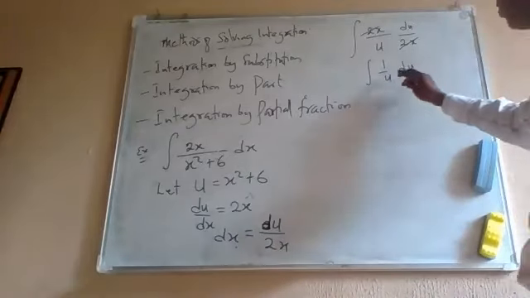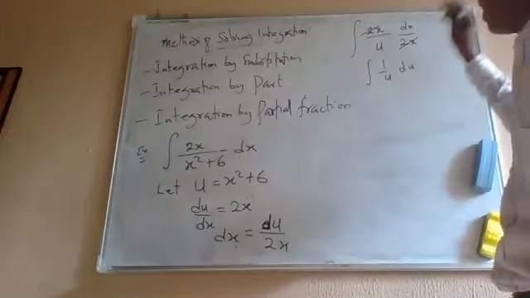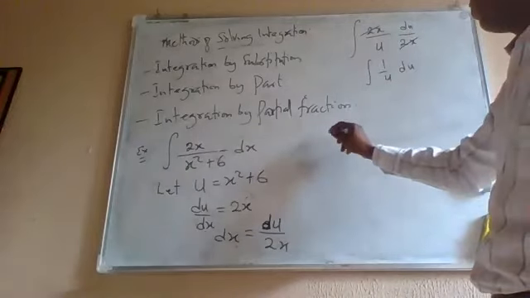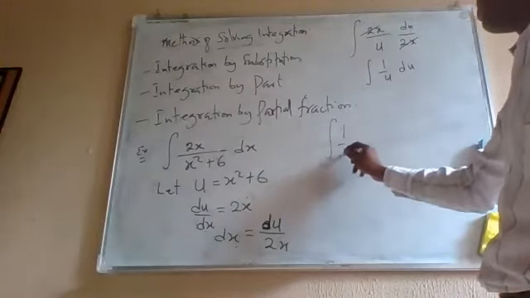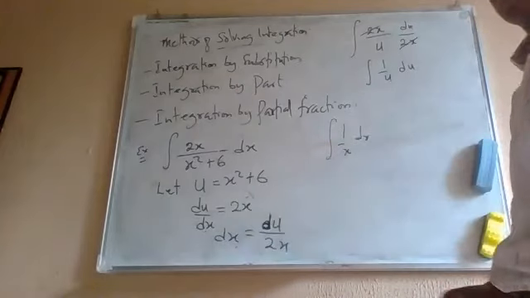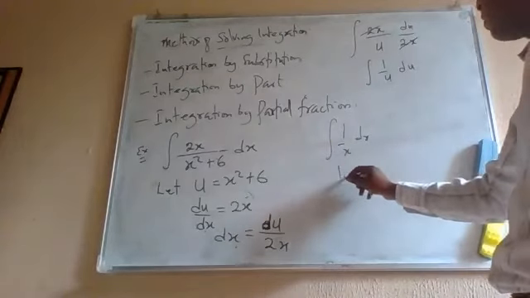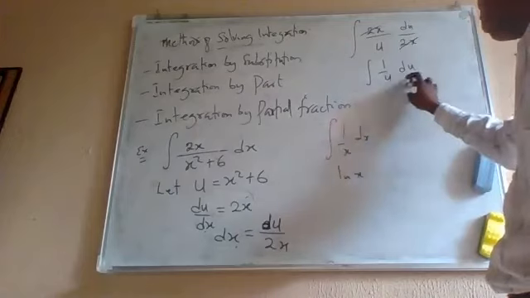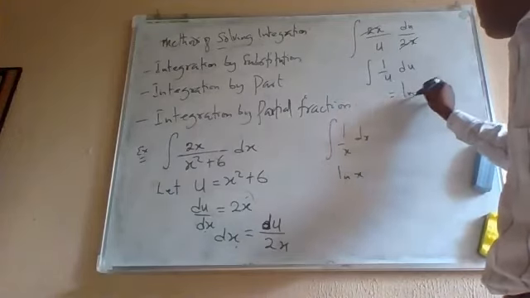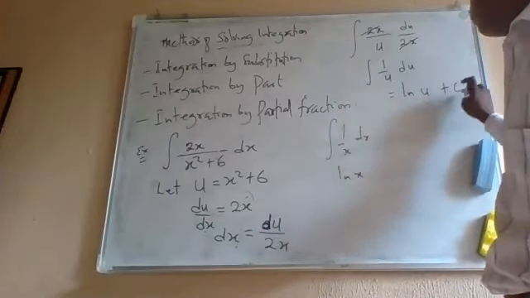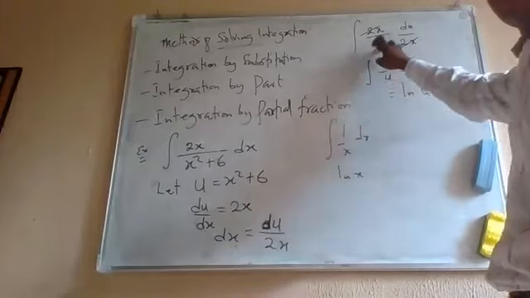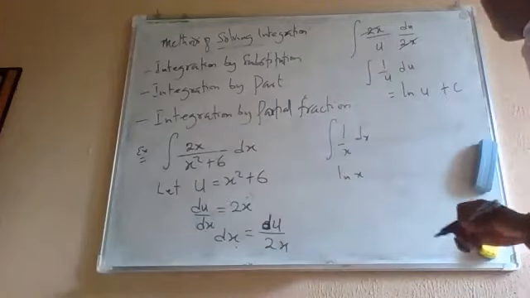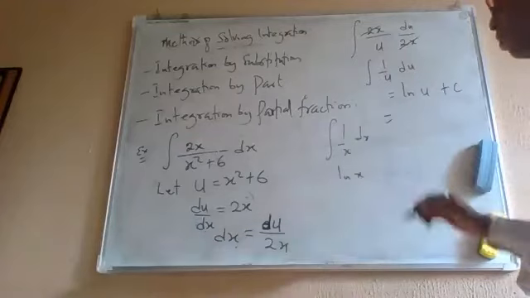It's the same thing as those examples I showed before, the integral of 1 over x dx, which gives ln x. So this will give you ln u plus c. We are putting plus c because there are no limits.